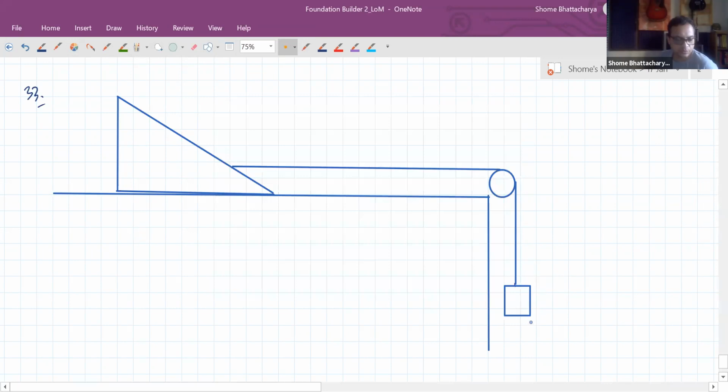So we have this one whose mass is M, this one whose mass is M prime, this angle is theta, this surface is smooth and all that.